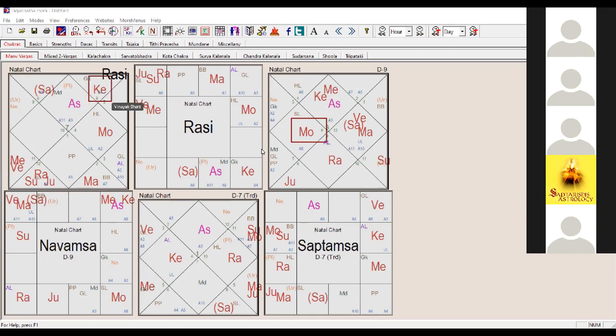So moon is connected with Virgo also, and moon can give the result of marriage. But this event will not activate. Why? Because the original rule is for marriage, the 7th house should be activated. But moon is not connected with the 7th house by any means.